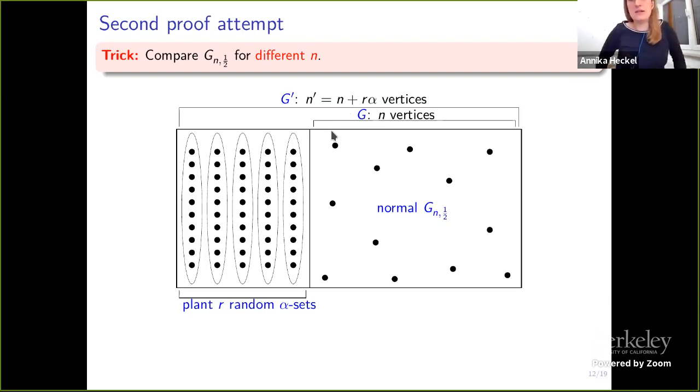And I want the difference of these two graphs to consist entirely of alpha sets. The reason I want this is then I can compare the chromatic numbers: the chromatic number of the outer random graph is at most the chromatic number of the inner random graph plus R, because I can add all these sets as their own color classes.